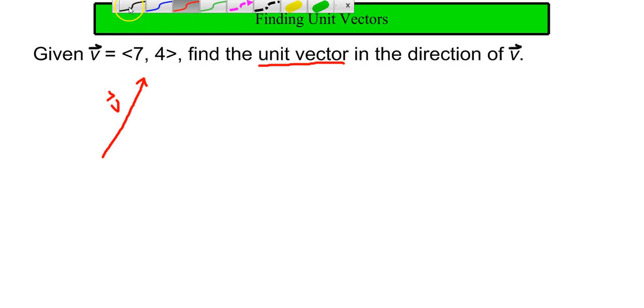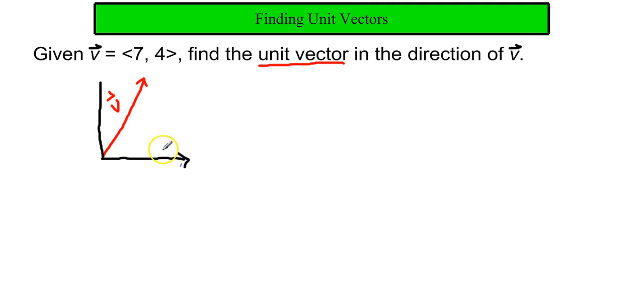Here are my axes. That's a little curved. So what we want to do is find a unit vector that travels in the same direction as v. Unit vector means it has a magnitude of 1.